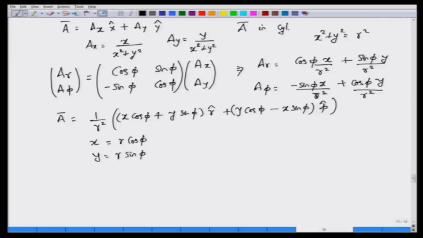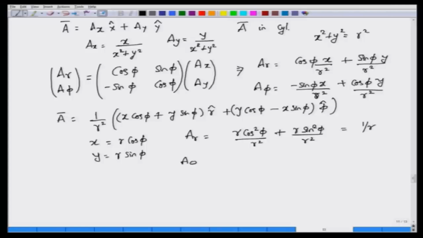So, if I substitute for that, this expression x cos phi plus y sin phi, that is the Ar term, will become, with x equal to r cos phi, r cos square phi by r square plus, with y equal to r sin phi, r sin square phi by r square, which is equal to 1 by r.